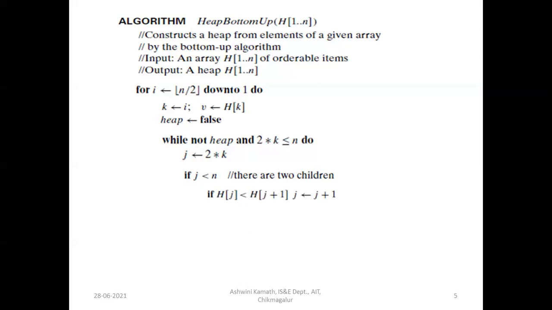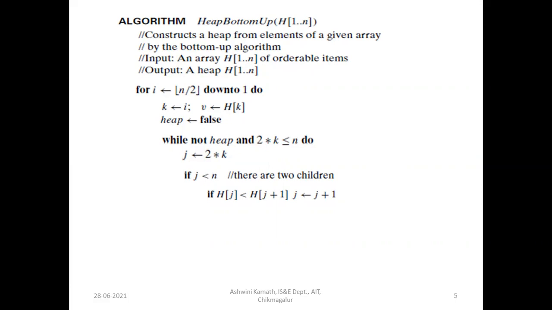If h of j is less than h of j plus 1, that is, the value in the position j is lesser than the value in the position j plus 1, we are comparing the jth position and the j plus 1th position, both the values.